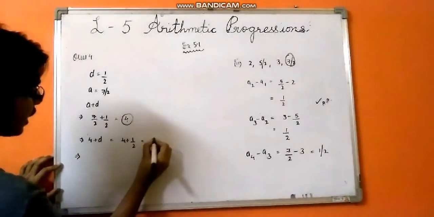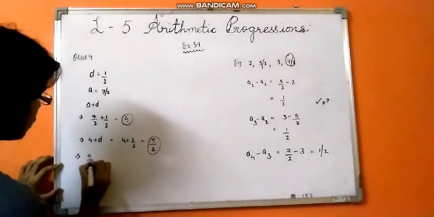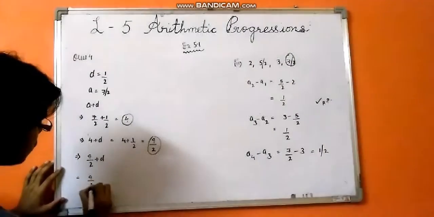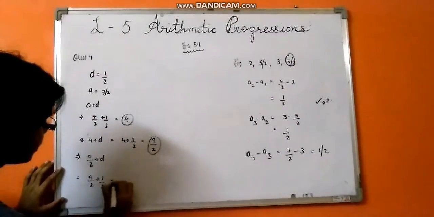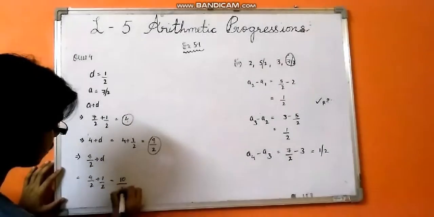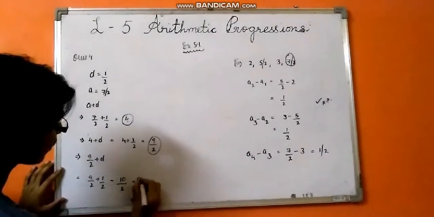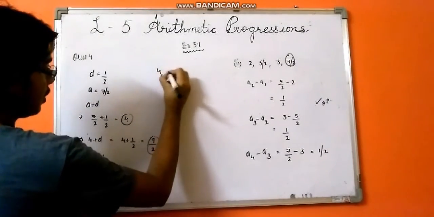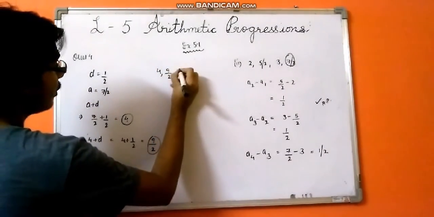Next, this is the current term, so 9 by 2 plus d, which is equal to 9 by 2 plus 1 by 2, which is equal to 10 by 2, which simplifies to 5. So the next three terms that you have are 4, 9 by 2 and 5.